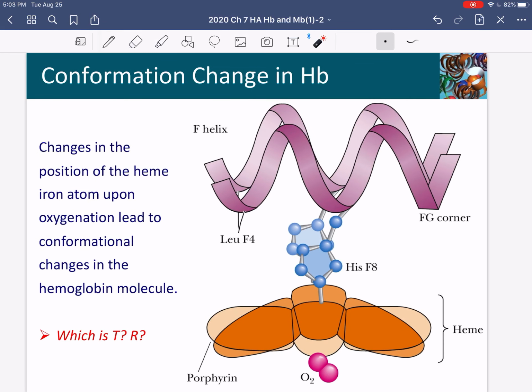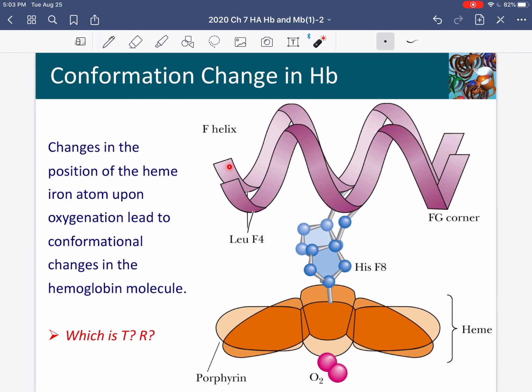Okay, so here now we're looking at the F helix above in the T state, and the histidine F8 is this blue imidazole ring behind, the side chain of histidine back here, and the T state of the heme is the dome shaped, right? So the dome shape is behind, and the flattened heme plane, when oxygen is bound, pulls on the heme iron, which is just right here in the middle.